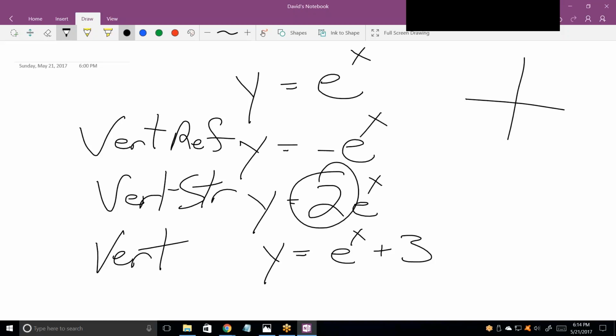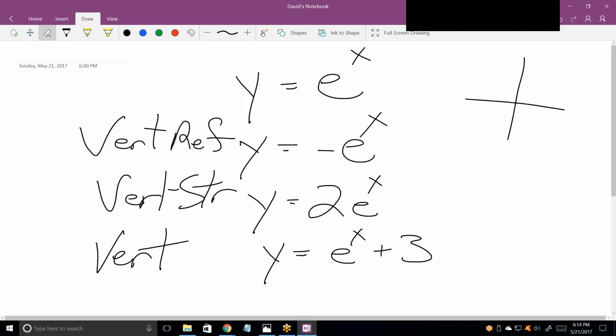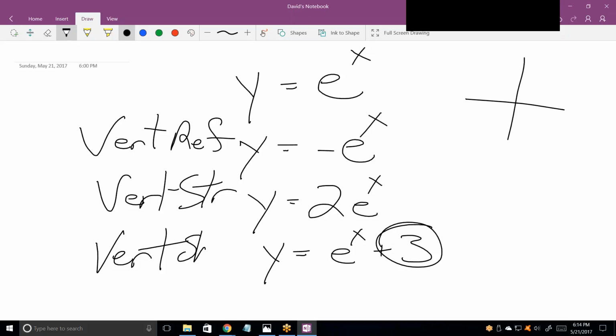So rather than remembering 6 things, you're really remembering 3 things at a time. You just have to distinguish whether it's inside or outside the function. Clearly that's outside the function. That is a vertical shift up 3.